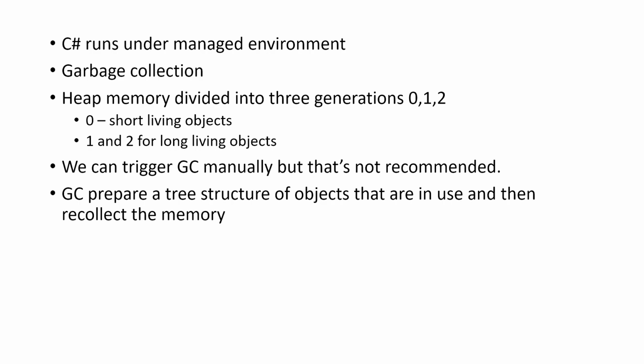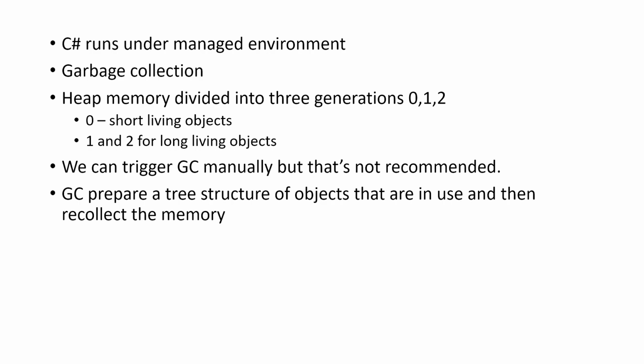Next thing is, how does garbage collection work? Let's say your application is running and objects are getting created as the application progresses. In a certain scenario, there is no memory available for the 0th generation to occupy newly created objects. In that case, garbage collection will trigger. Garbage collection scans the entire memory space of the 0th generation.